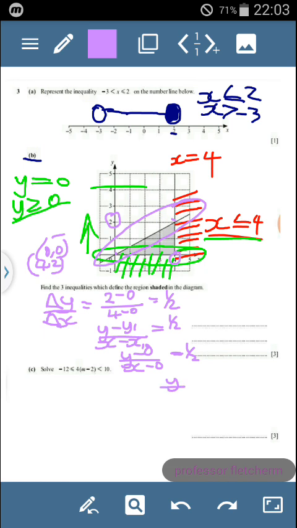So y over x is equal to a half. Multiplying both sides, y is equal to half x. That gives us the equation of this line.